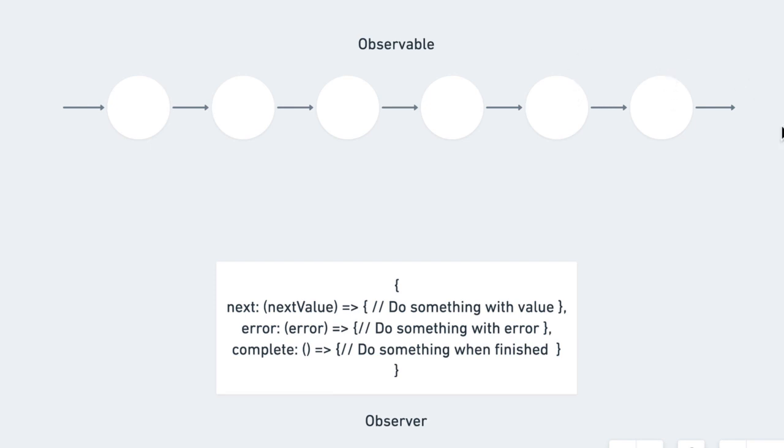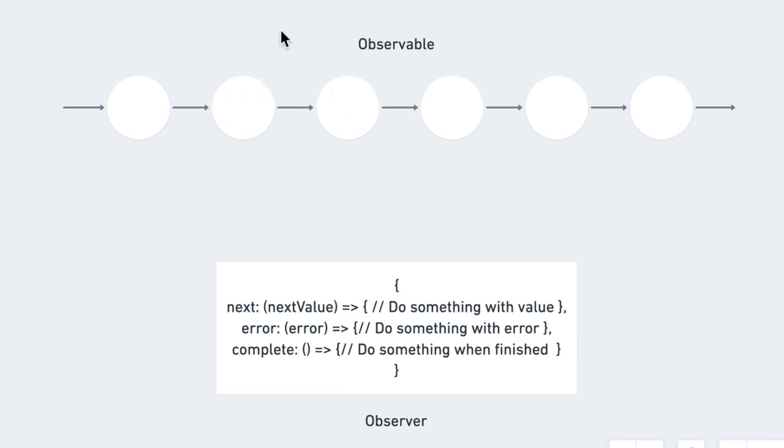What an observable is, is some piece of code that wraps around this stream so that we're actually able to do something with the value of that piece of data at each event.